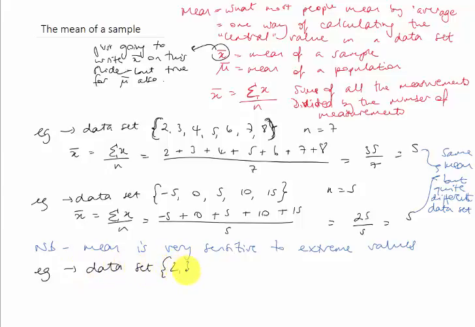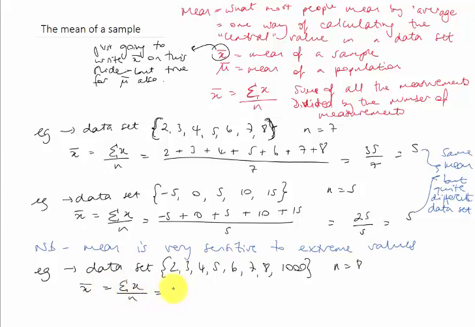So we've got 2, 3, 4, 5, 6, 7, 8, and then let's imagine we take another measurement of 1,000. So now n is 8. So the mean is equal to the sum over the number of measurements.